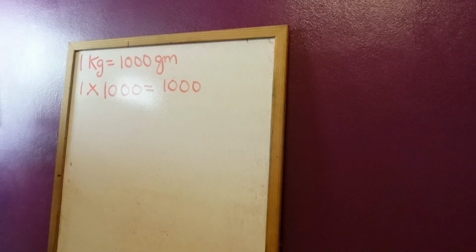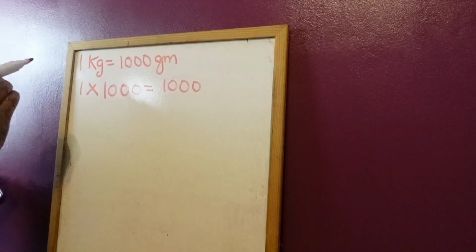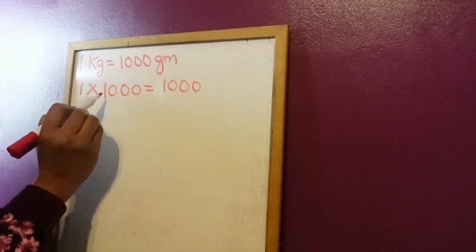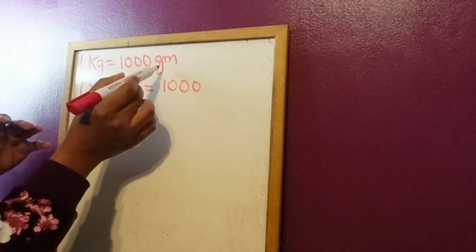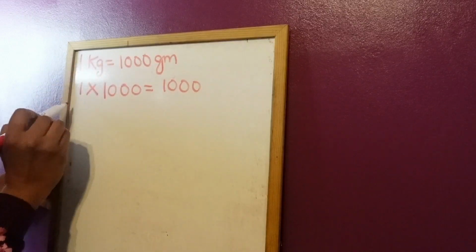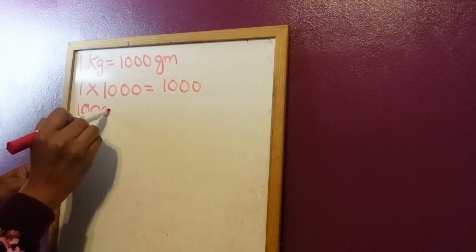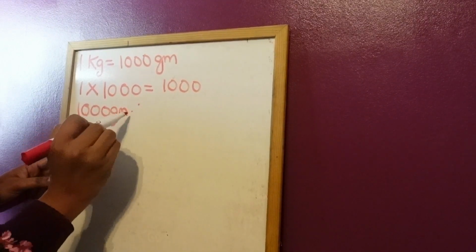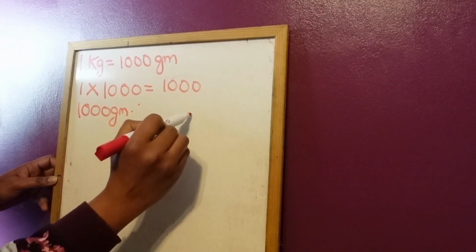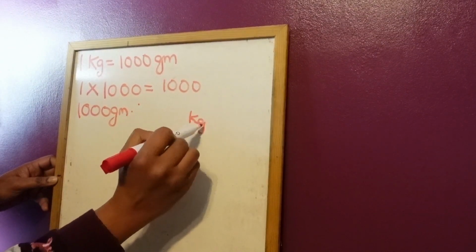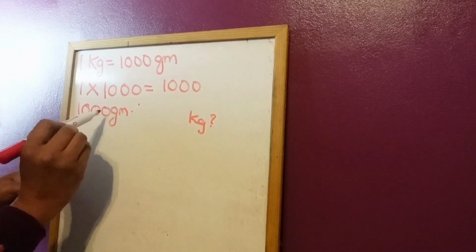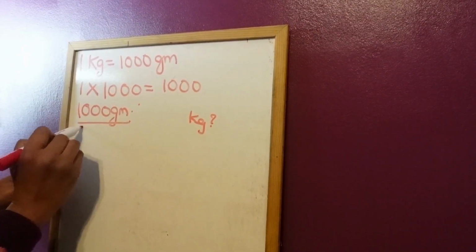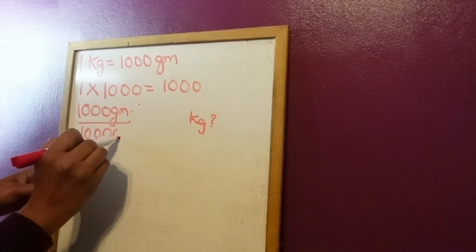Same thing, if you want to convert grams to kilos, just imagine 1,000 grams and you want to get kg. So what do you do? 1,000 divided by 1,000.